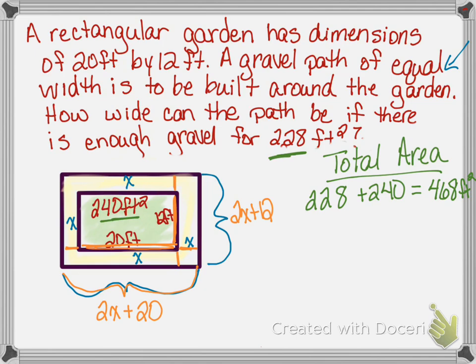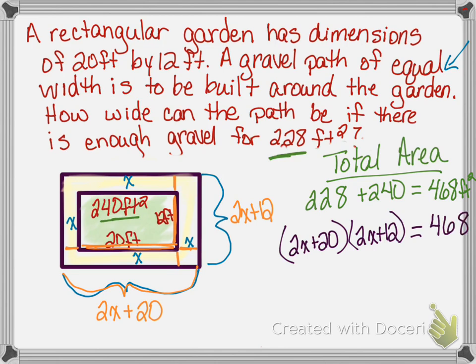So now I can say that 2x plus 20 times 2x plus 12 is equal to what? Yes, perfect. That's exactly right.